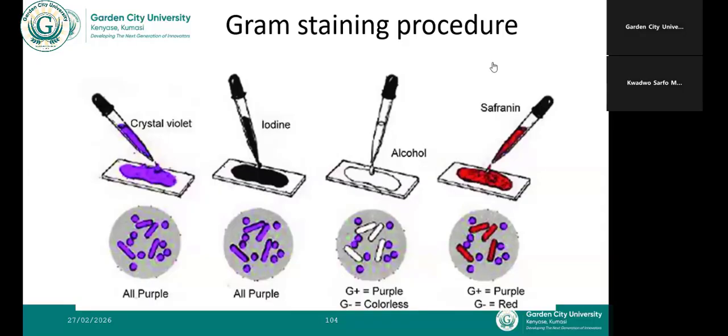If they are able to resist this decolorization, then it will be difficult to know if they would pick or retain the primary stain. In that case, we don't use the gram staining technique for those particular bacteria because they are acid fast. They resist the decolorization. They hold fast to the decolorization step.